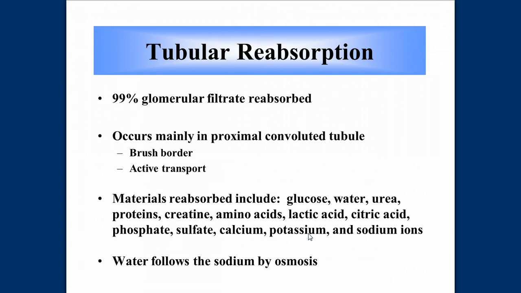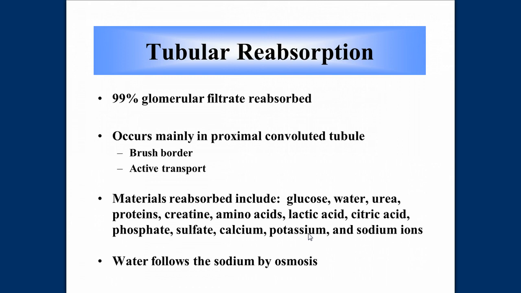It occurs mainly in the proximal convoluted tubule, but it can happen in other areas of the renal tubule, but most of it happens in the proximal convoluted tubule.